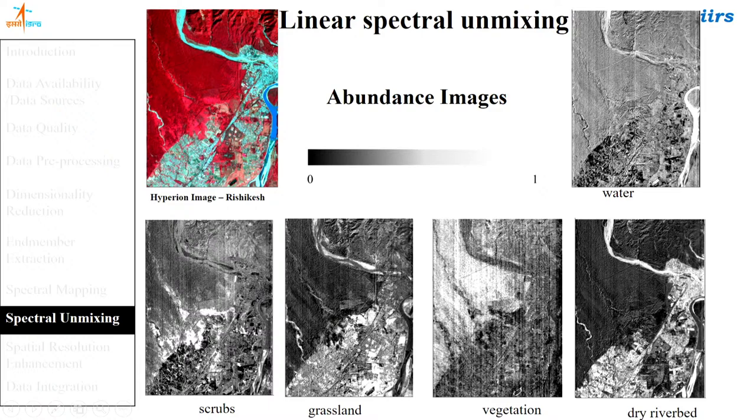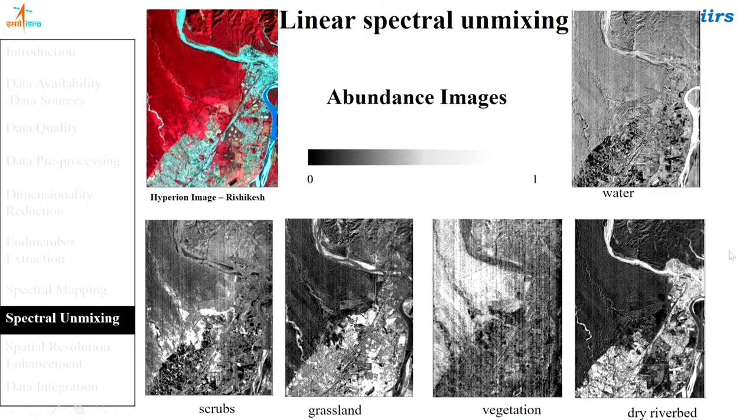Then grassland is highlighted in this case. The vegetation feature, that is your sal forest, is highlighted. Then dry riverbed. But here you can see dry riverbed and urban are having similar material, so that's why they are appearing bright. But wherever those pixels are with that contribution, they are highlighted.